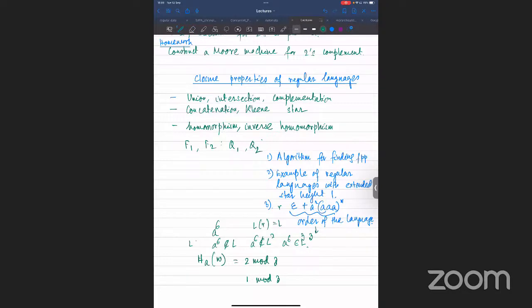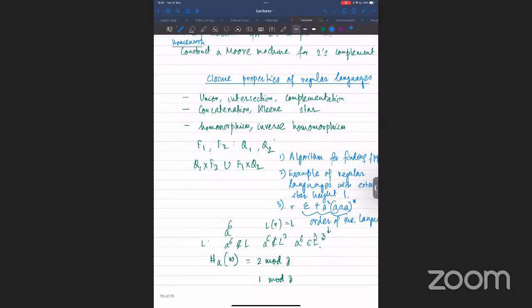Then for the union, we saw that the set of final states is Q1 cross F2 union F1 cross Q2, right? So this is for union, correct? This is your set of final states in the constructed DFA. What about intersection? What did we do?